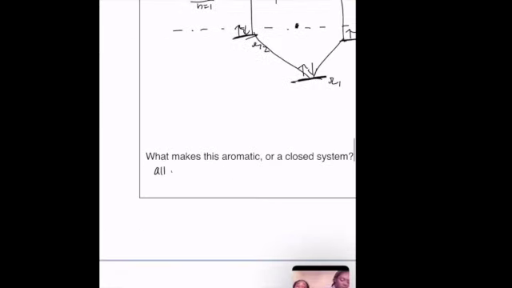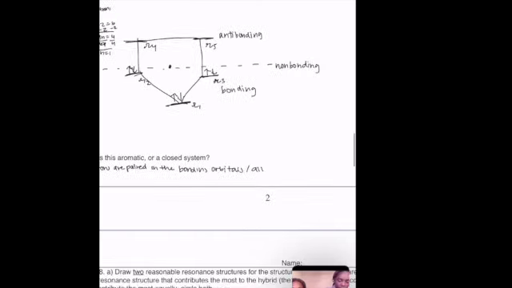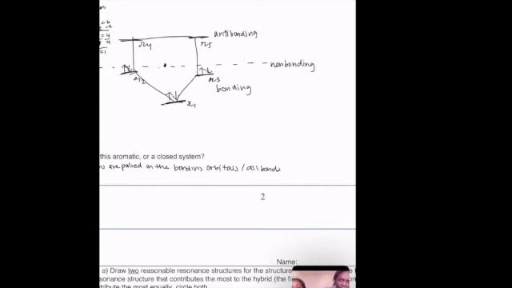Now we're going to say why it's aromatic. All the electrons are paired in the bonding orbitals, or all bonding molecular orbitals are filled.